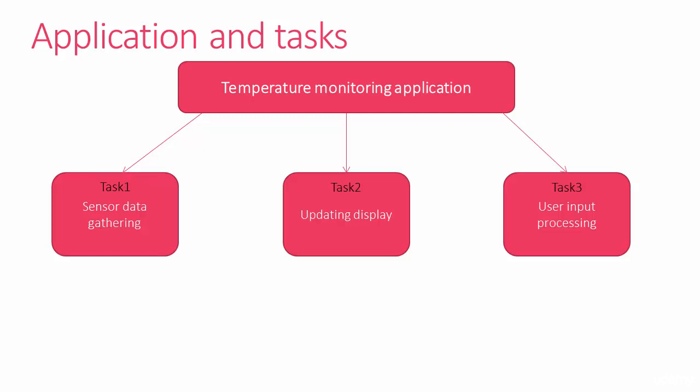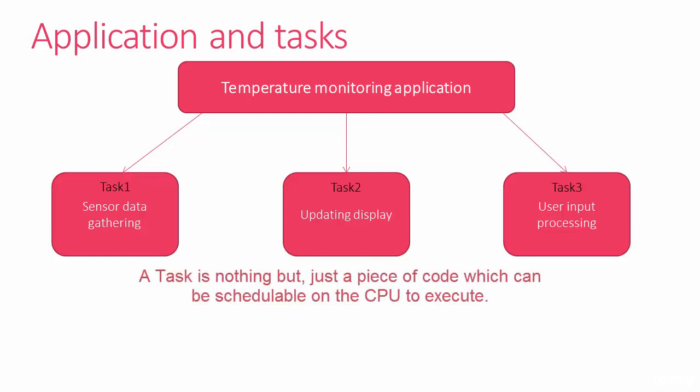Task 1 does sensor data reading, task 2 updates the display, and let's say task 3 processes the user inputs like button press, etc. So this application implements multiple tasks, isn't it? A task means just think like a piece of code which can run on CPU and execute.